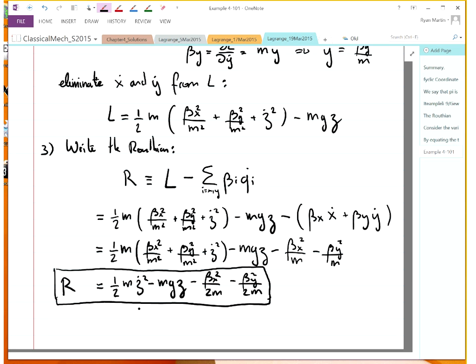So now we do the last step, which is to write out the equations of motion separately for the cyclic coordinates and the non-cyclic coordinates.